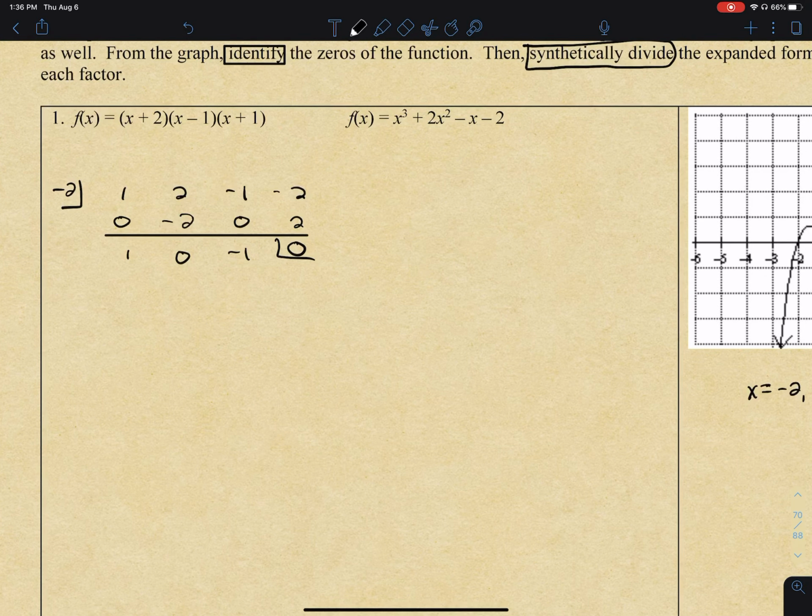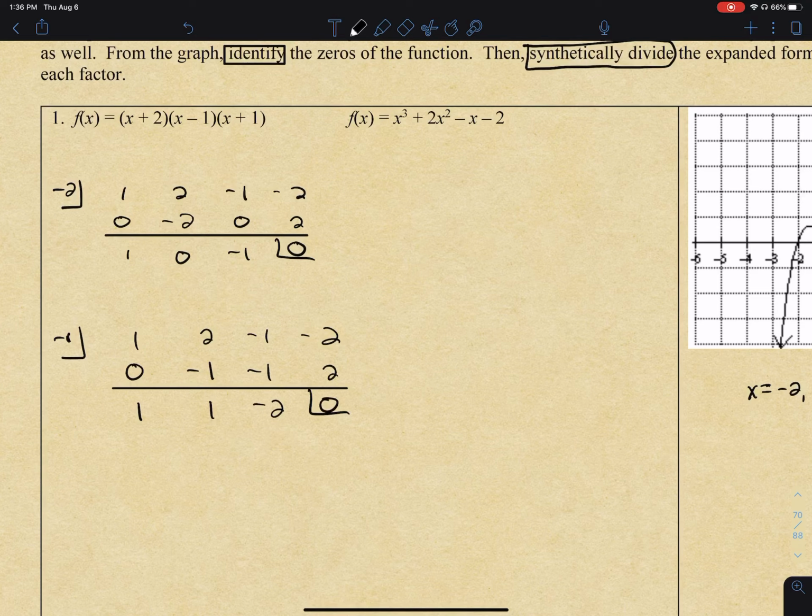Let's check it for -1. Remember, we add down and then we multiply. We add down and we multiply. We add down and we multiply. So that worked. How about 1?